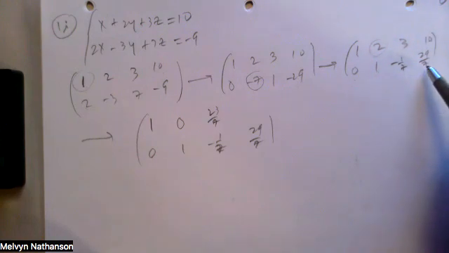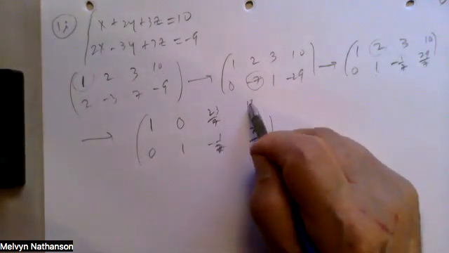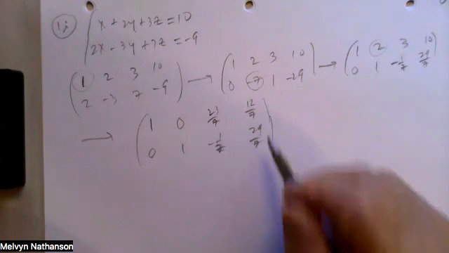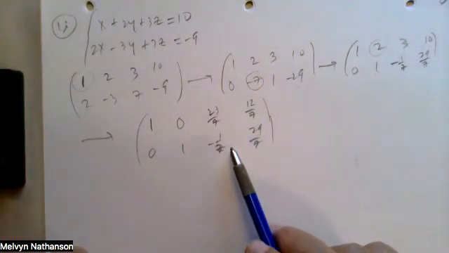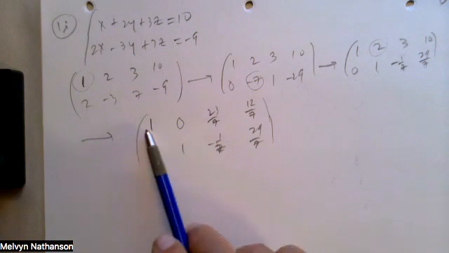Multiply this by minus 2. I get minus 58 over 7. 10 is 70 over 7. So this is 70 minus 58, which is 12 over 7. So if I did this correctly, this is now my matrix in reduced row echelon form.